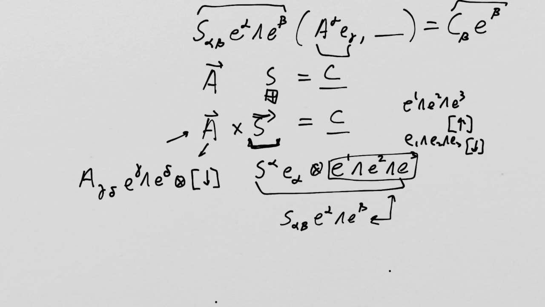I'll leave it there for now. So it's this guy and this guy. So what can I do with those two together? Well, I can feed this to this, right? It won't fill up all the slots. It'll fill up this guy.